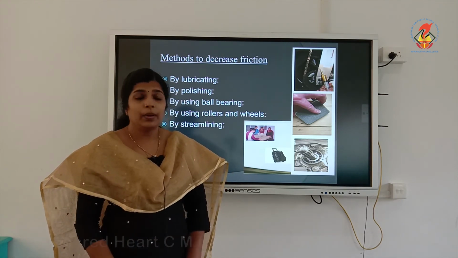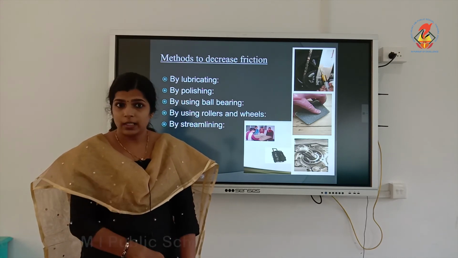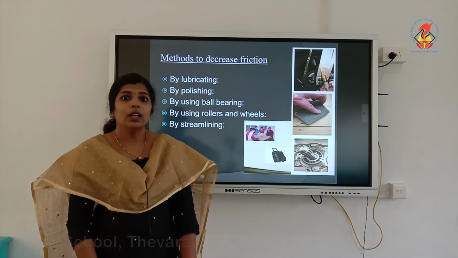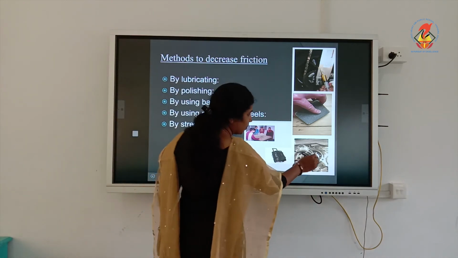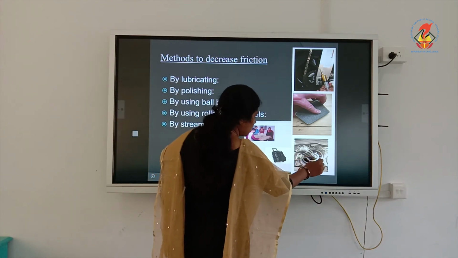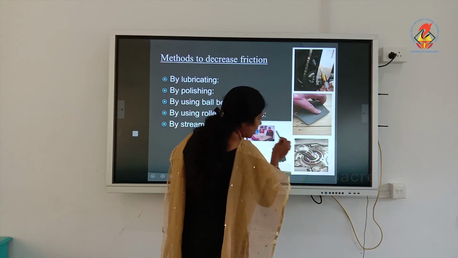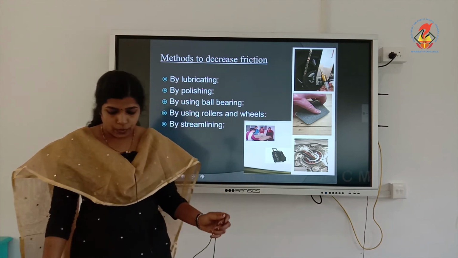You can see a ball bearing in your fidget spinner, in the axle of your bicycle, the axle of your fan. This one is a ball bearing. Here you can see small tiny balls inside a hollow circular disc, and this one is an axle.